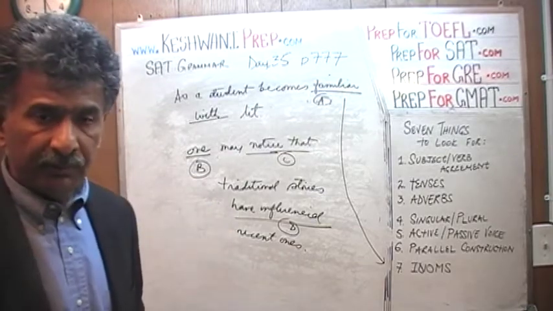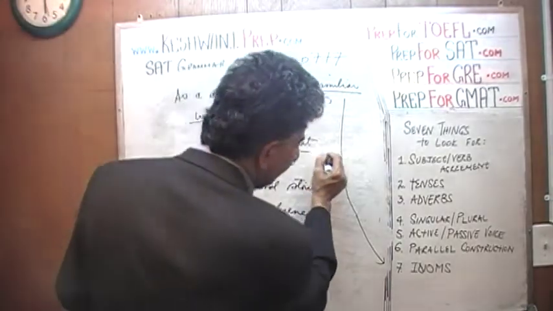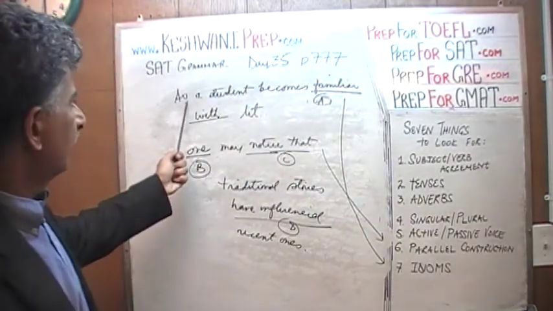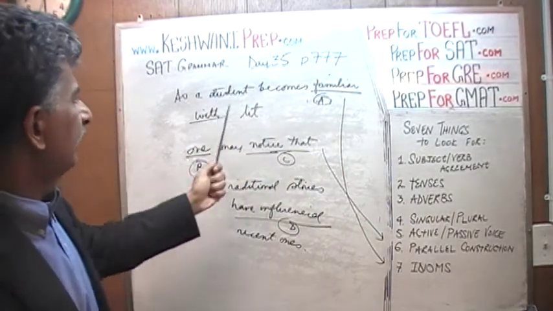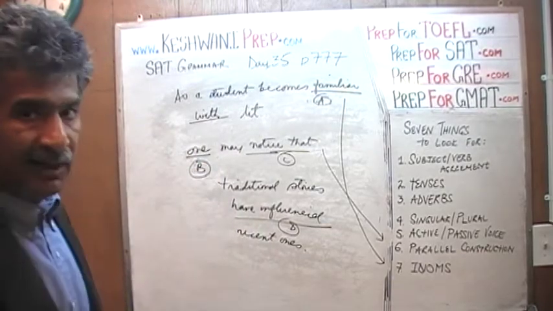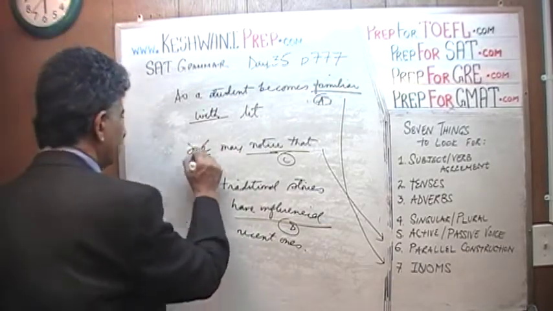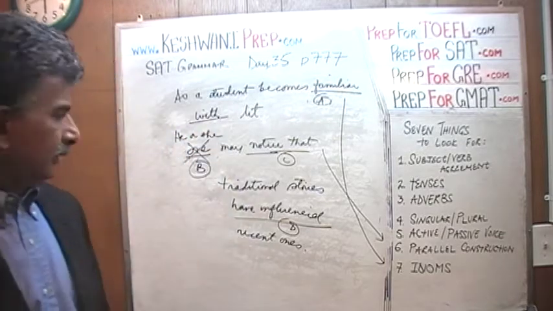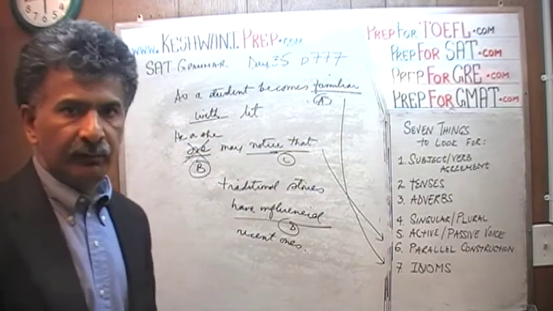You see a problem here? The problem here has to do with what is known as parallel structure. Number 6 in our item. Parallel structure. It starts out with, as a student becomes familiar with literature, it should not say one, it should say he or she may notice that traditional stories have influenced the recent ones.